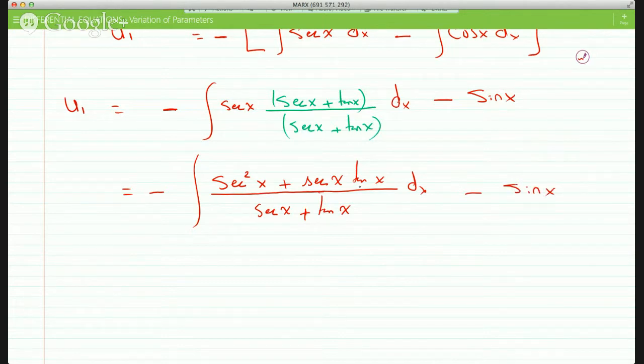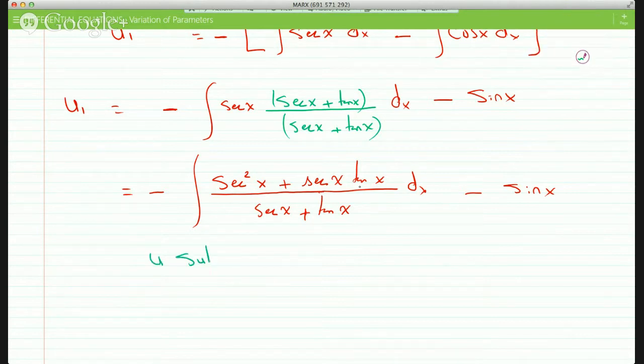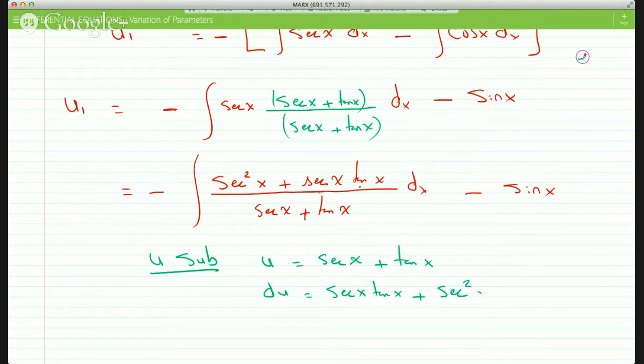So we're going to use substitution here. Okay? So u is secant x plus tan x, which would make du to be secant x tan x plus the derivative of tan, which is secant squared x, dx, which is exactly your numerator.